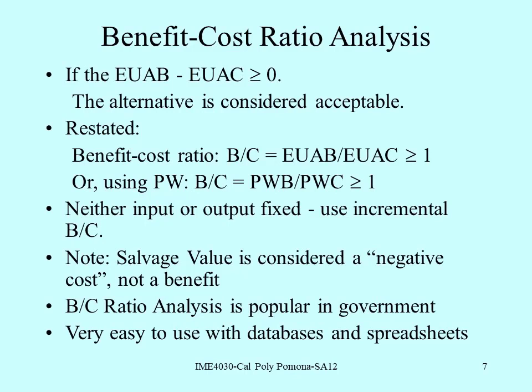In other words, it's going to end up in the denominator, not in the numerator. If we treated it as a benefit, it would be in the numerator of the benefit cost ratio. But we're going to put it in the denominator. We're going to subtract the present worth of the salvage value from the present worth of cost. And that's how we treat it as a negative cost.